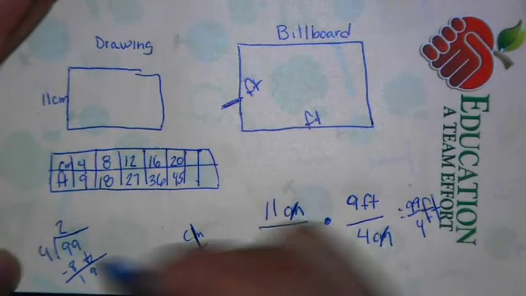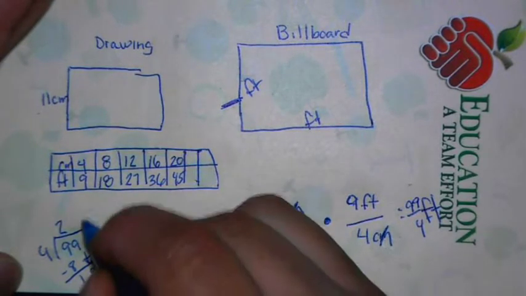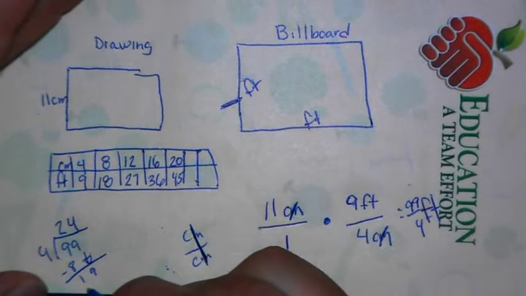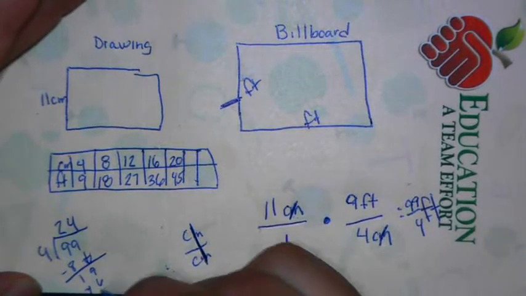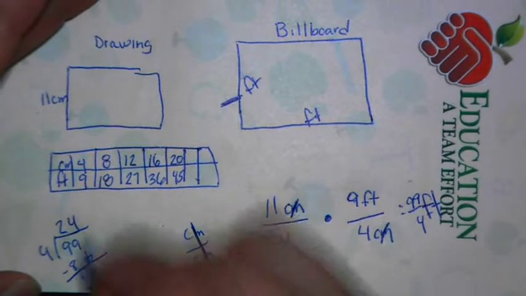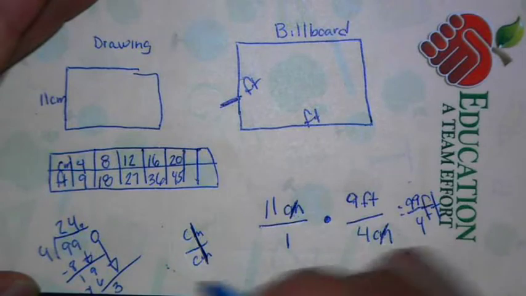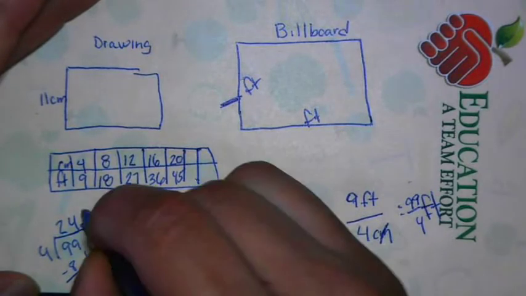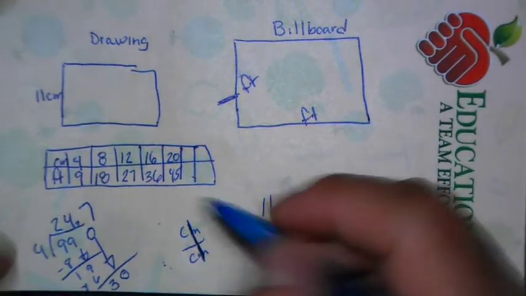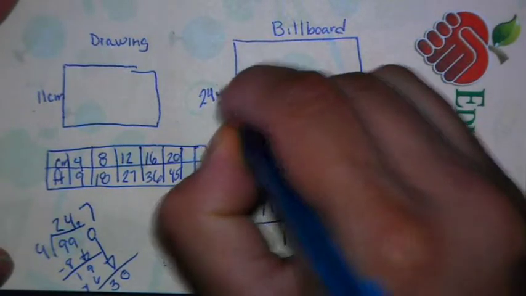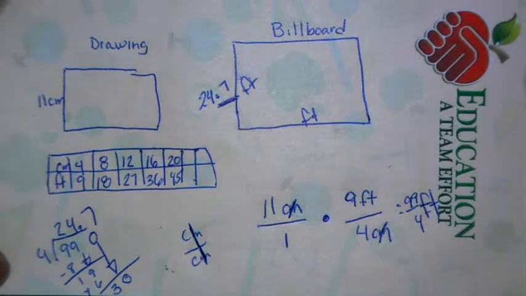Bring down my 9. 4 goes into 19 4 times. That gives me 16. Remainder 3. Add a decimal point. Add a 0. Bring this down. And it goes in 7 times. So I'm going to stop there. And this says that my answer should be around 24.7 feet.